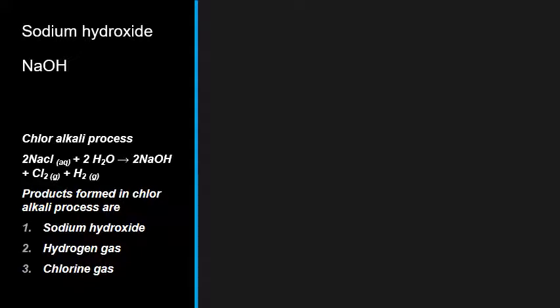By taking this aqueous sodium chloride, that means brine solution, and if it undergoes electrolysis, then we will get sodium hydroxide, chlorine and hydrogen gases. So what are the products formed in the chlor-alkali process? Sodium hydroxide, hydrogen and chlorine. What are the reactants? Yes, sodium chloride and water, that means aqueous sodium chloride.